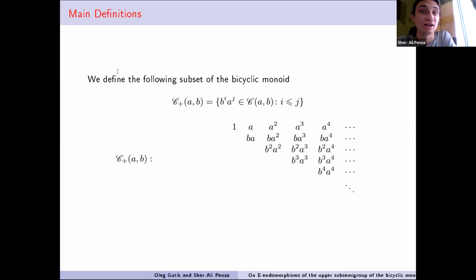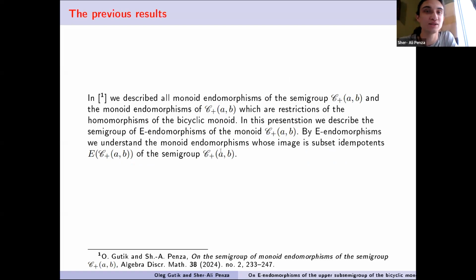We define the following subset of the bicyclic semigroup. C+ is the subsemigroup of the bicyclic monoid. Previously, we described all monoid endomorphisms of this semigroup, and the monoid endomorphisms of C+ which are restrictions of the homomorphisms of the bicyclic monoid.